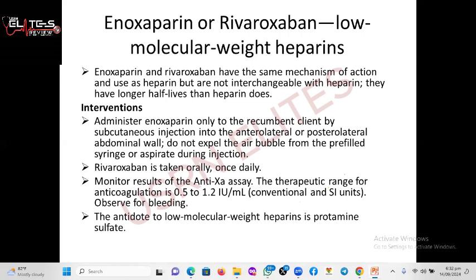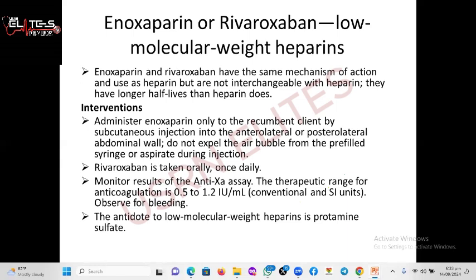You can also have rivaroxaban, which is given orally. It's monitored using the anti-Xa assay, and the therapeutic range for that one is 0.5 to 1.2. They don't really ask a lot about it, but it's also an anticoagulant.